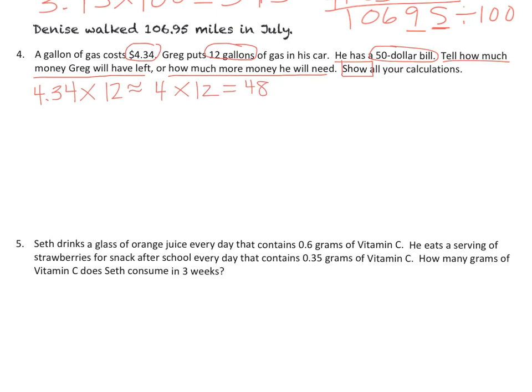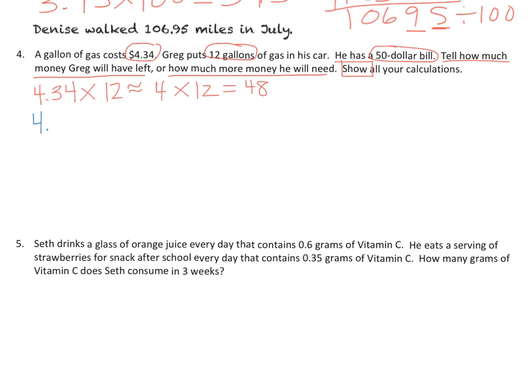So here's our estimation, $48. And let's think about this. Since I rounded this number down to $4, our answer is going to be higher than 48. So I'm thinking if it's going to be higher, then he's going to owe some money. He's not going to have enough money. So let's go ahead and solve, show our calculations.